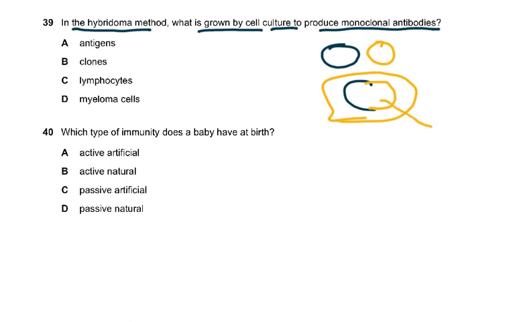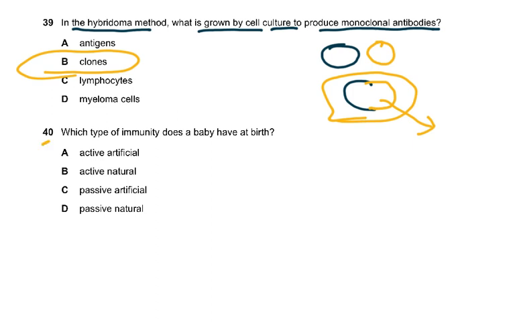You were cloning it. You had taken the B cell and the cancer cell, and then you had fused them. You got a hybridoma cell. What is grown by cell culture is the clones. So the cloning of these would result in the production of monoclonal antibodies.